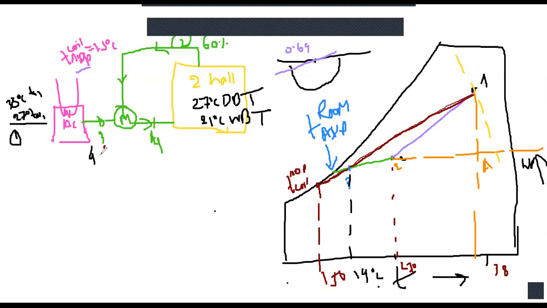That means this is 40%. That means 60% means 0.6 into used air, which is 27 degree, plus 40% of point 3. Point 3 is 19 degree. We get 19 degree from our psychometric chart.